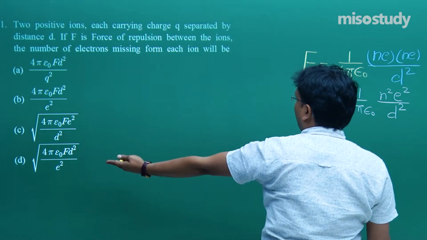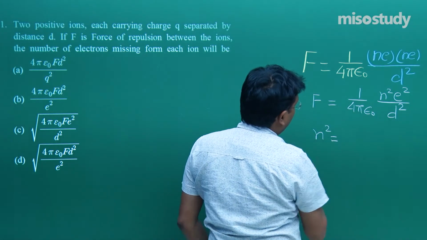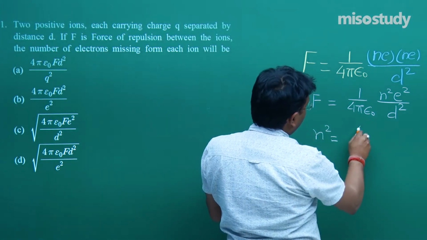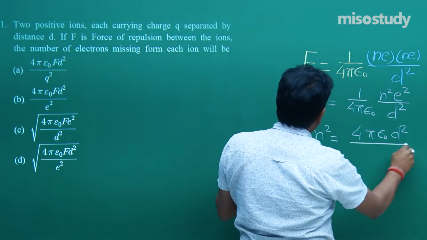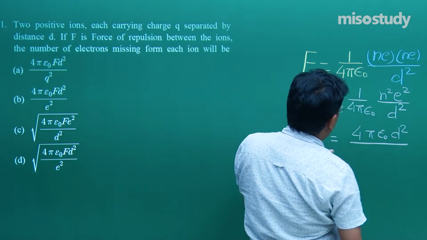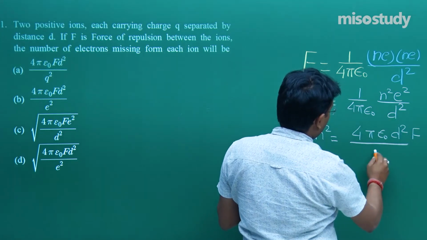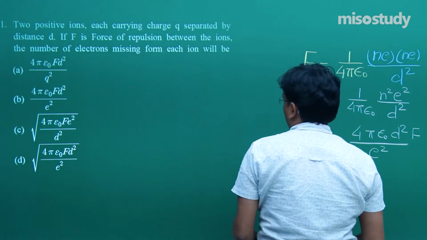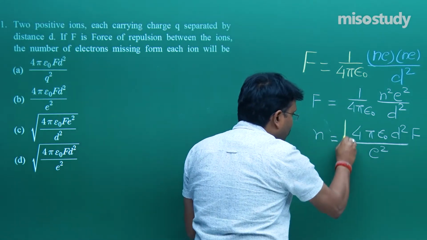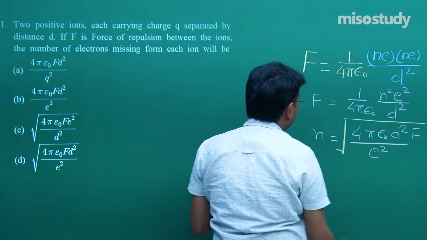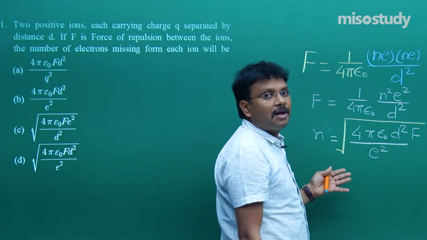So now from here it's crystal clear that N square is equal to 4 pi epsilon naught d square F upon e square. So, according to me, the correct solution is this one, D, just a two-step solution of this problem.